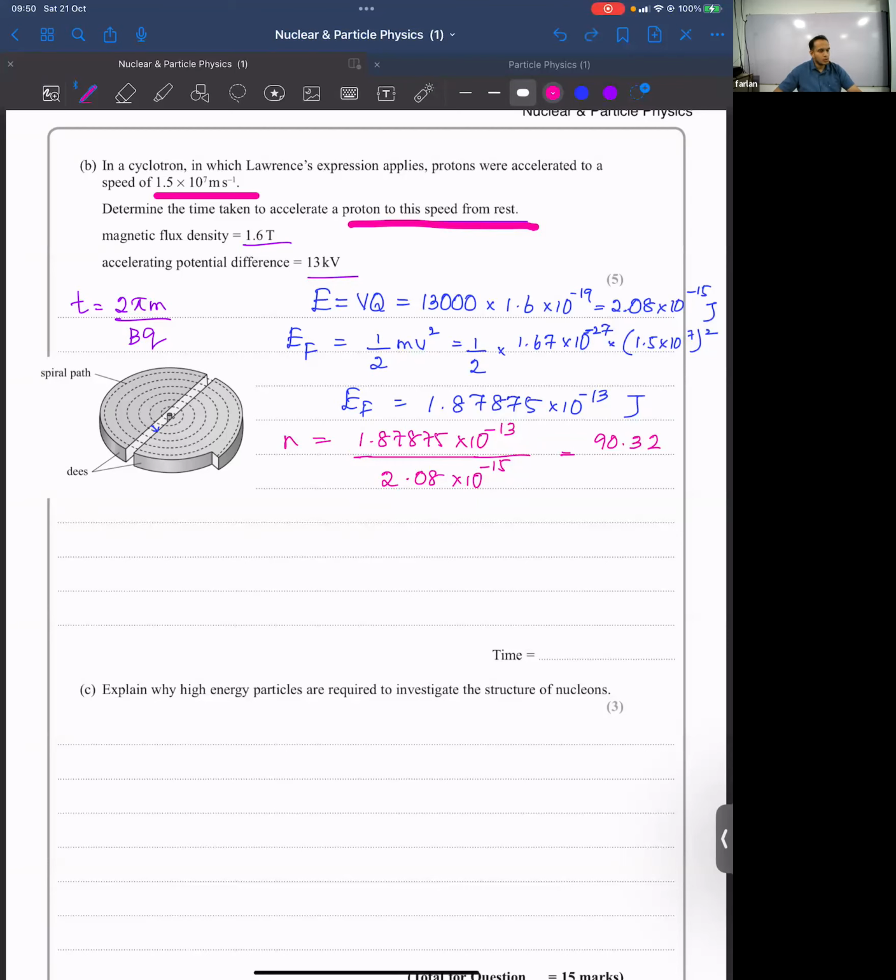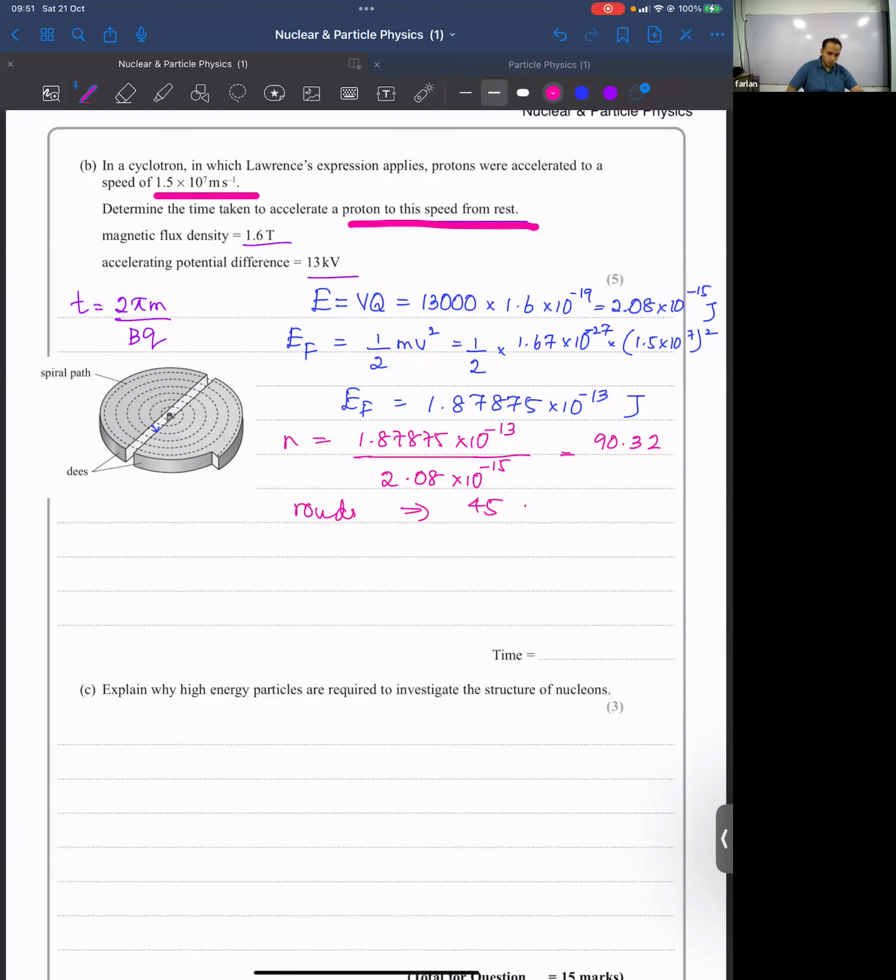Am I right? So it should be accelerated 90.32 times. I'll take it as 90 times. Correct? That means how many rounds? It's not going to make a difference, a small difference. So the number of rounds needed, number of circles needed, will be 45. So you have to go around 45 circles.